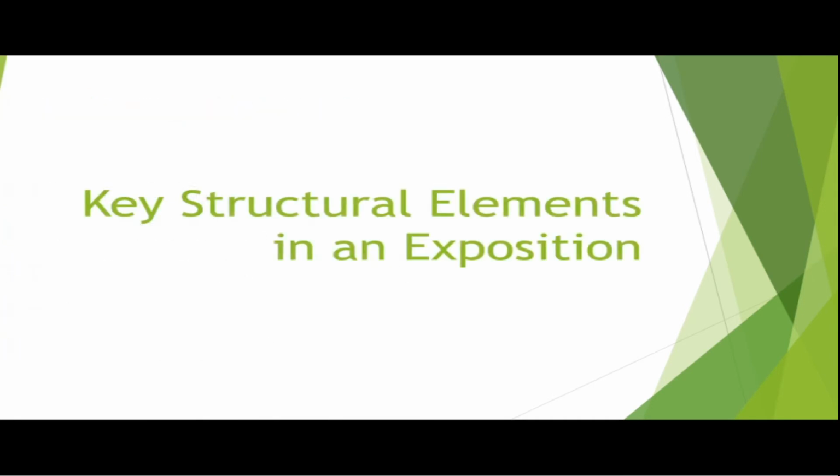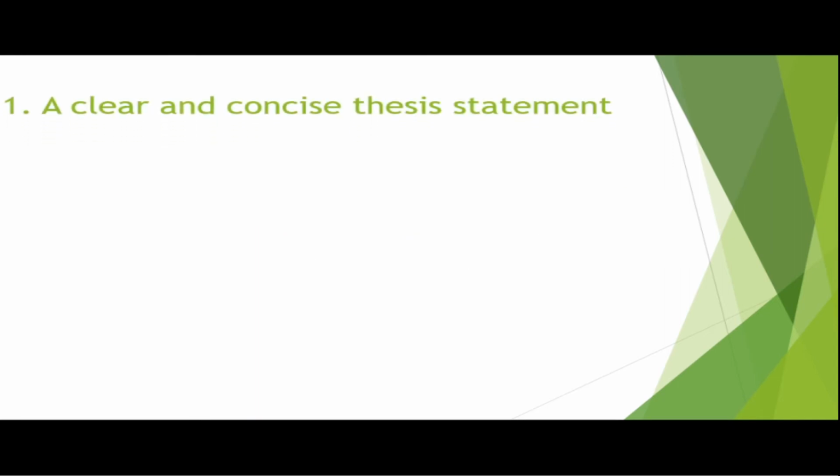Here are some key structural elements in an exposition. While the facts in expository writing may be presented in various ways depending on a number of factors, most expository texts, including expository essays, generally include common elements, like a clear and concise thesis statement.